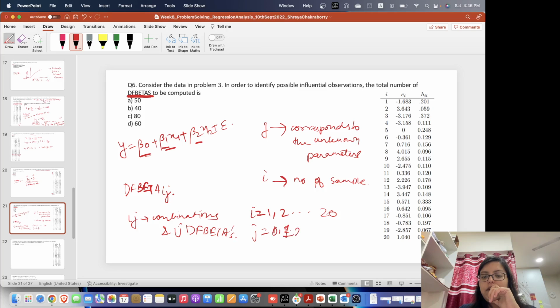So the total number of j's is 3, and the total number of i's is 20. So the total number of DF betas would be 3 into 20, that is 60. Okay, I hope this is clear.